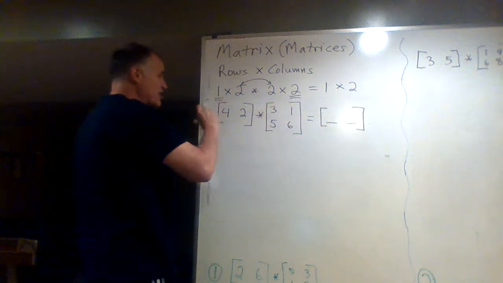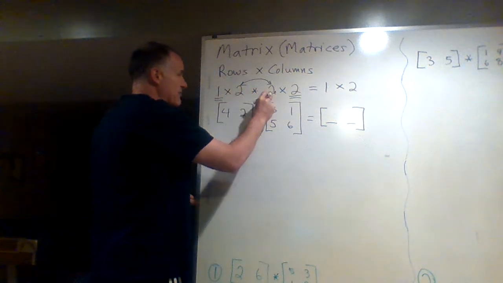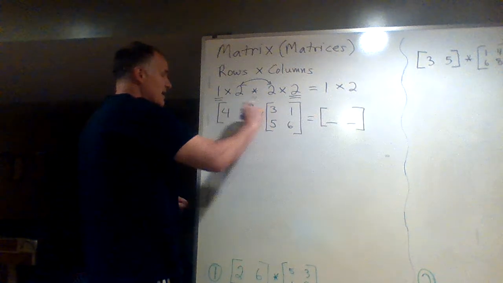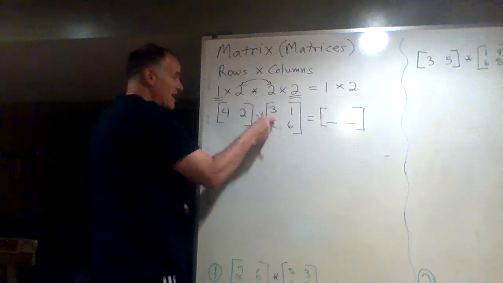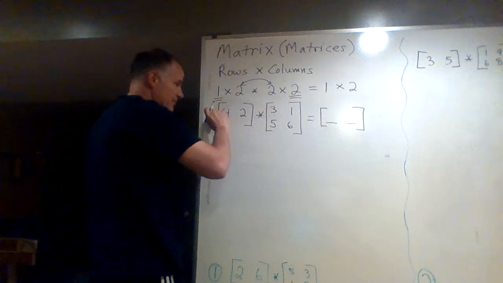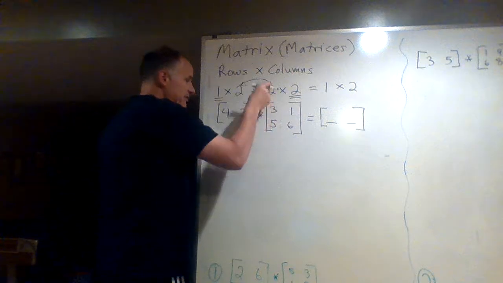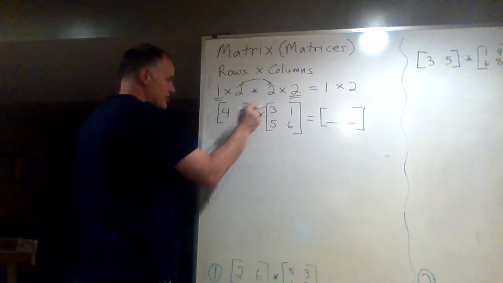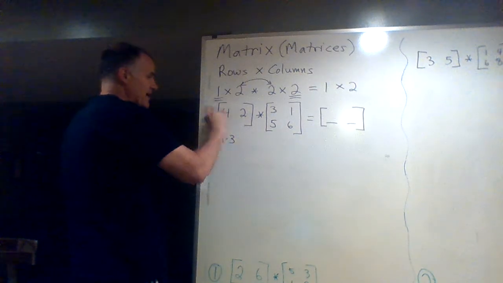What you actually do, and this is why these numbers have to match, is that the columns of the first one have to match the rows of the second one, because you take this row and stand it up down that column. So 4, 2 goes down 3, 5 and multiplies. The first one in this row goes with the first in this column, so 4 times 3 is 12.